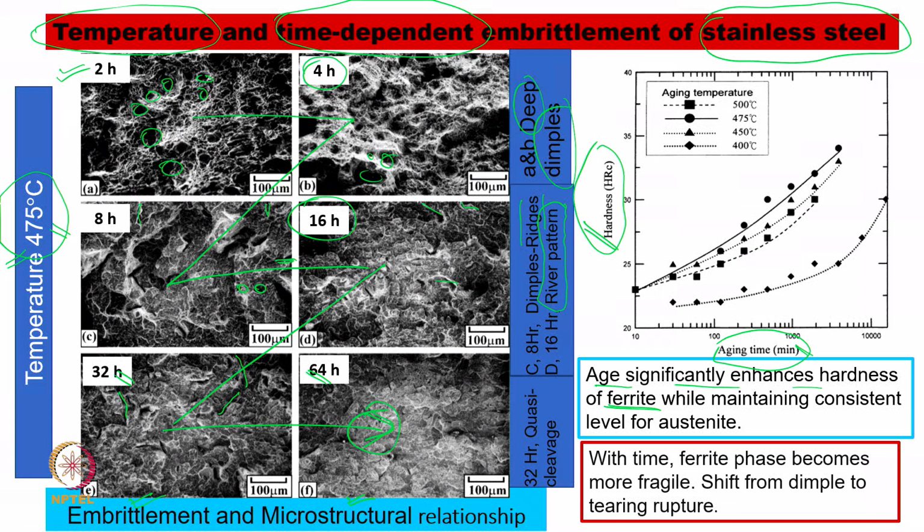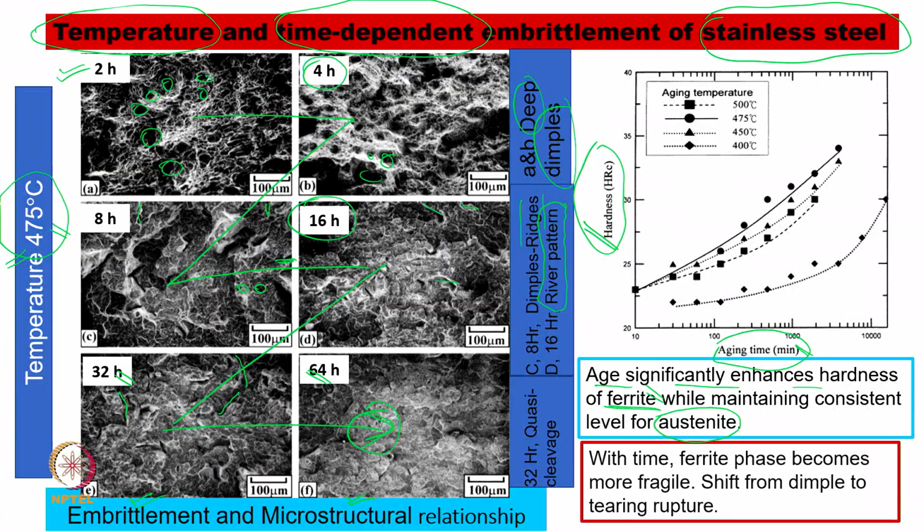Now, they have also given a justification: they say the aging significantly enhances the hardness of the ferrite. Stainless steel has ferrite and austenite constituents. The austenite constituent keeps its hardness the same, while the ferrite hardness is continuously increasing. As the ferrite hardness increases, embrittlement happens, brittleness increases, and the chances of brittle failure increase. So, with time, the ferrite phase becomes more and more fragile, more and more prone to brittle failure.